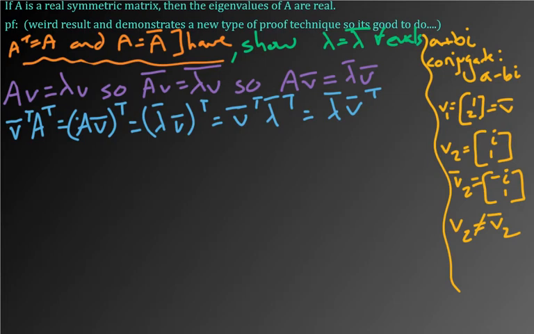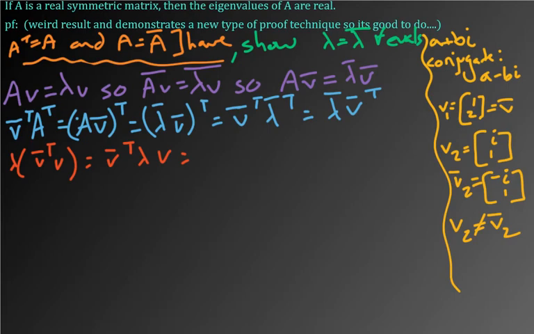So now I'm going to bring in lambda. I'll multiply lambda by V conjugate transpose V. And this is where I can do another one of these things where, like here I passed lambda in front, I can move lambda into the middle: V conjugate transpose lambda V. Actually, not quite yet.